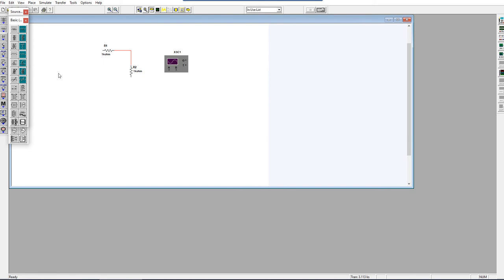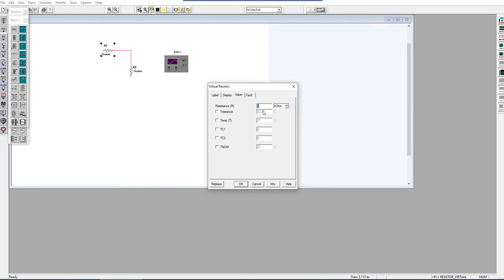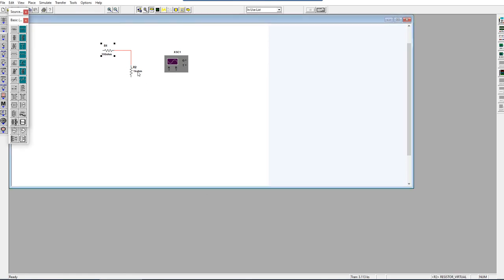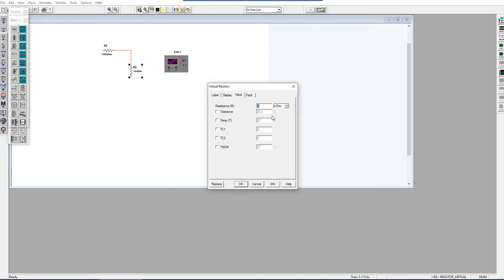So let's see, one is 100 ohms, and the other one is R1, although this is R1, this is R2. In the manual this is the opposite, so let me do that as well.